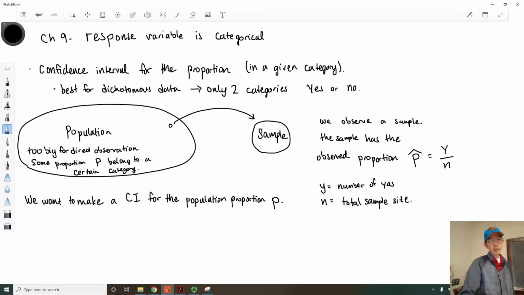Okay, and so this is basically, during election season, they'll say so-and-so is polling at this number with a margin of error of this, okay? And that's basically a confidence interval, right? That margin of error is that plus or minus part, okay?